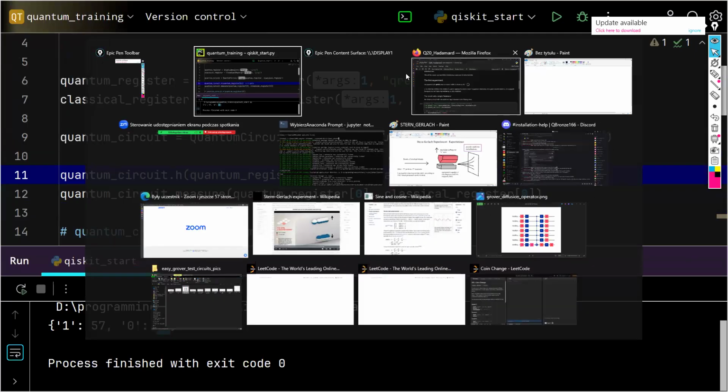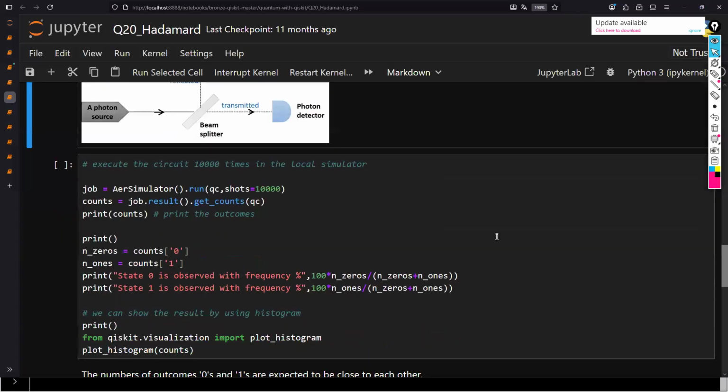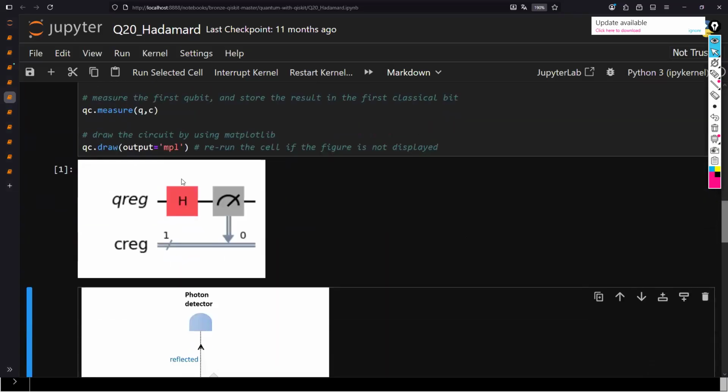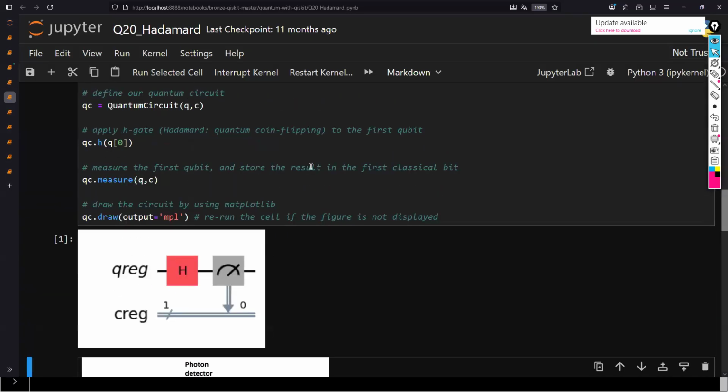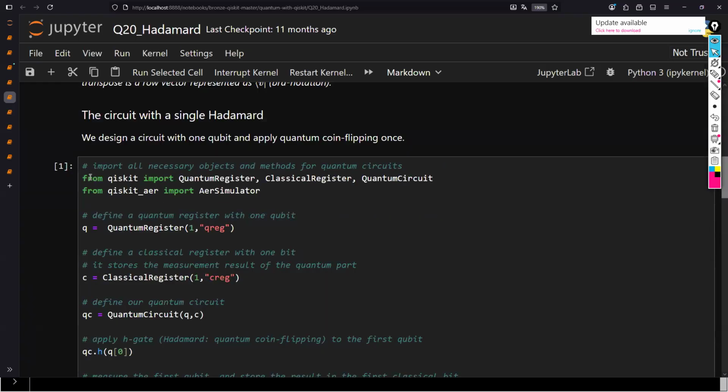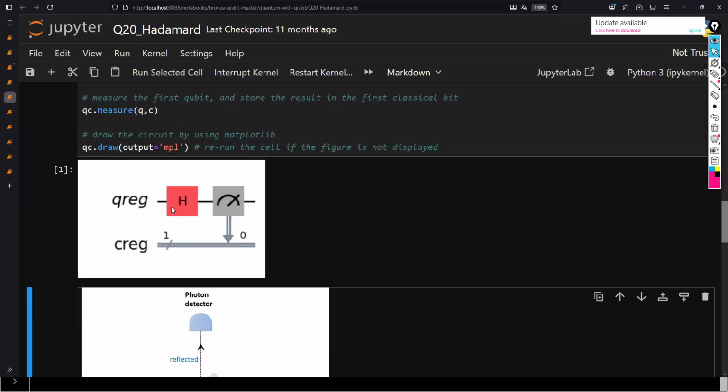Let me see what we also have here. So this is the gate that we apply, H, and then we perform a measurement. When you execute this cell from the notebook Q20, you will see the graphical representation of operations that we are doing. So we first, on the entire quantum register, reg, apply the H gate.